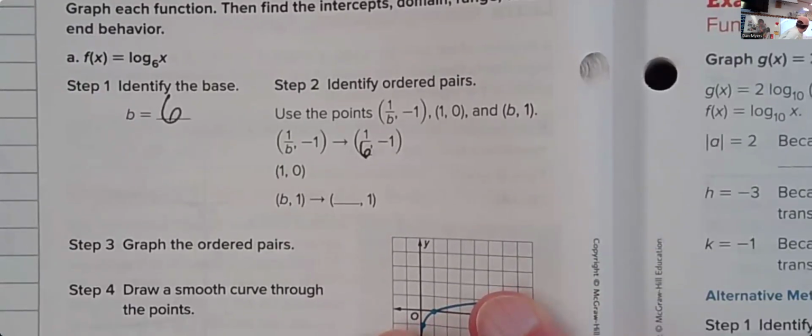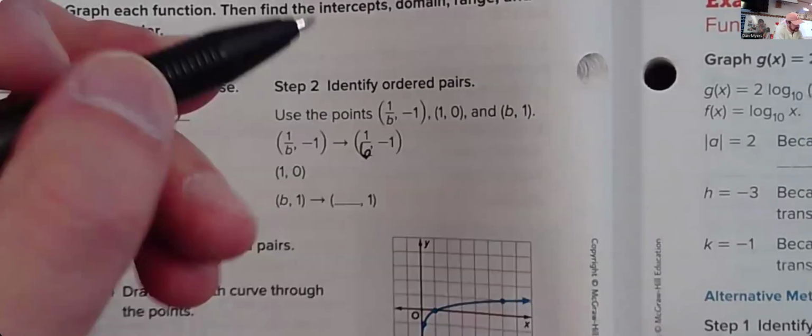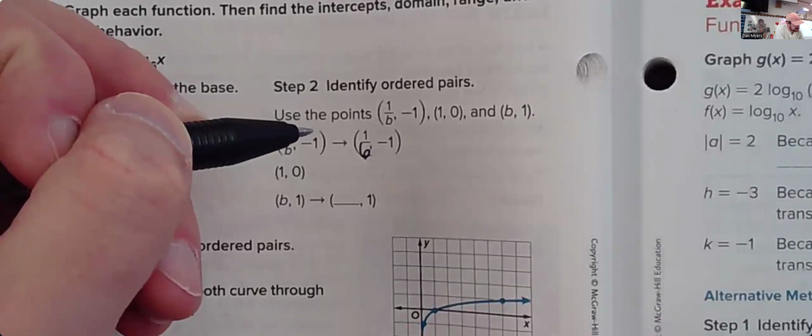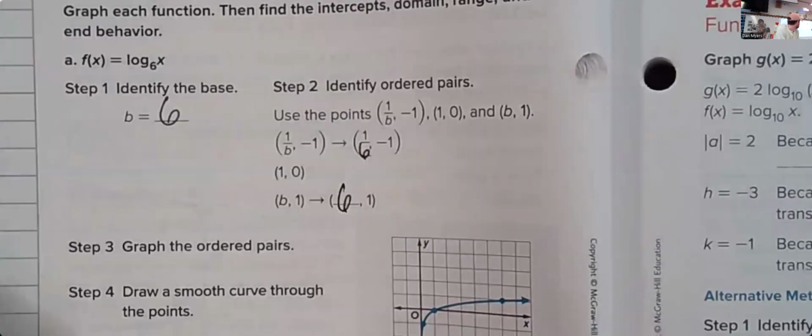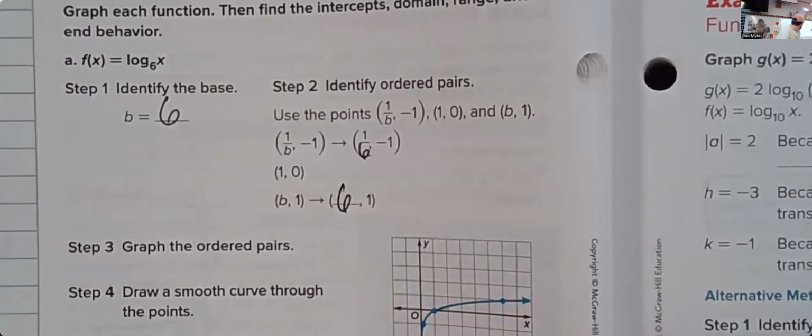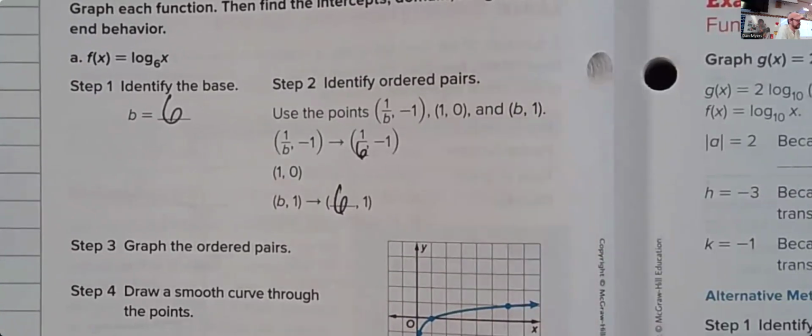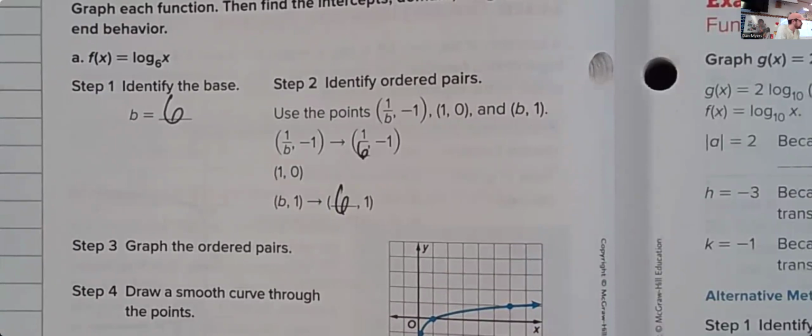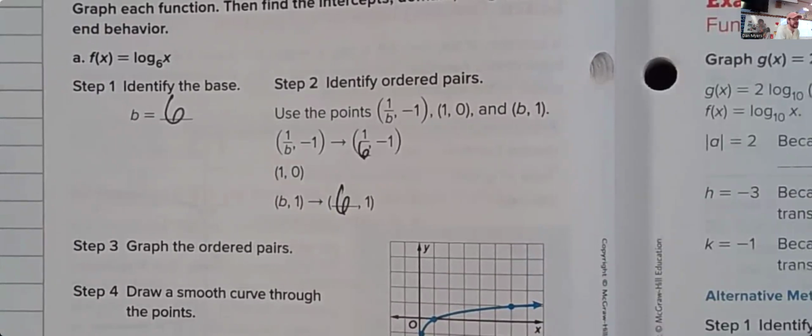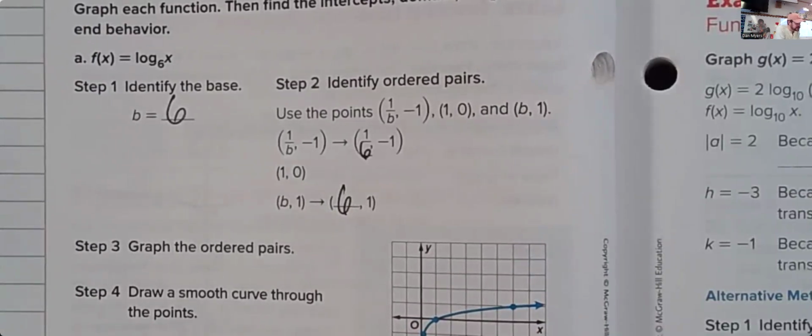So b, 1 would be 6, 1. Now, my recommendation would probably be just to go ahead and put this in the y equals menu on your graph, go to the table of values, and graph it that way. Draw a smooth curve.